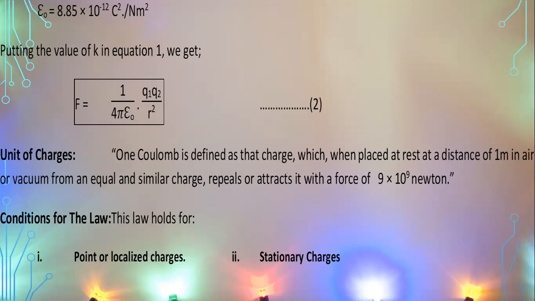You put the values in equation 1, that is F is equal to 1 over 4 pi epsilon naught Q1 Q2 divided by R square. This one is equation 2, and this is the final equation of Coulomb's law, which is used to calculate the force between the two charges.